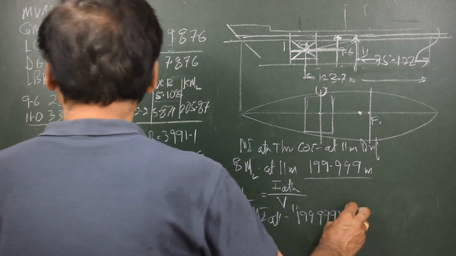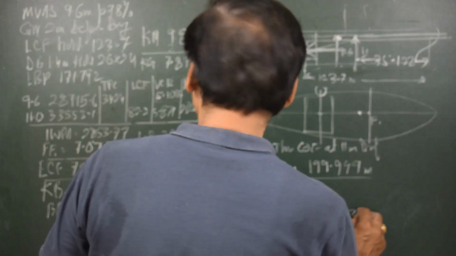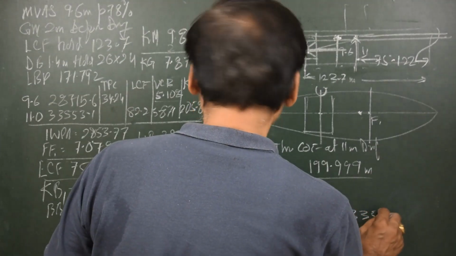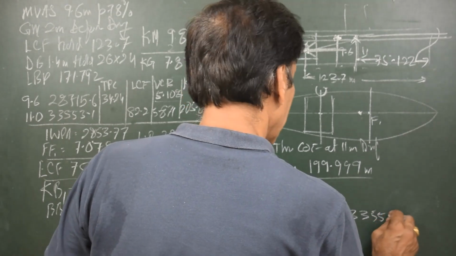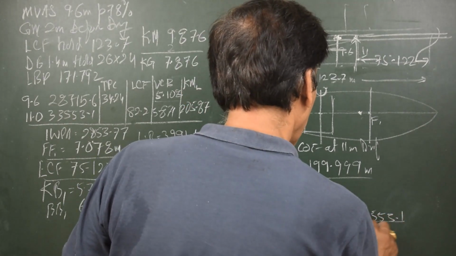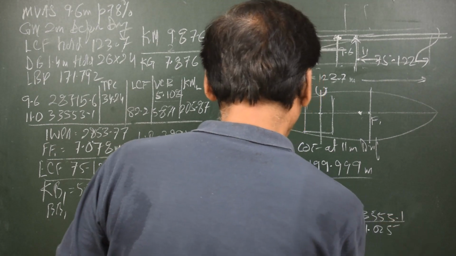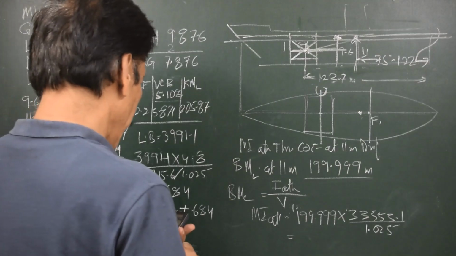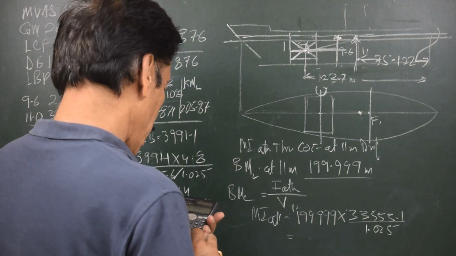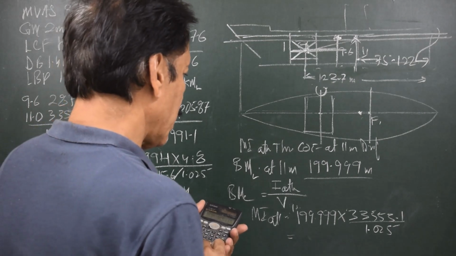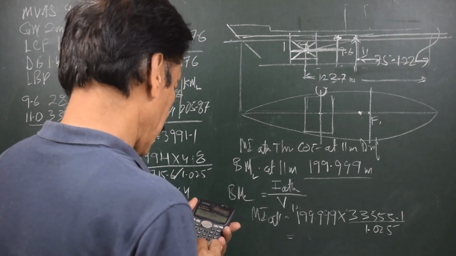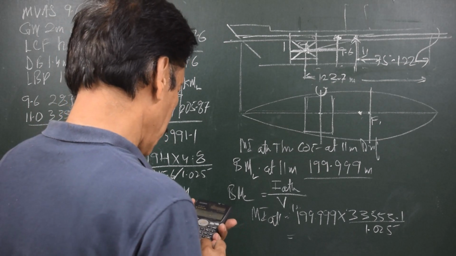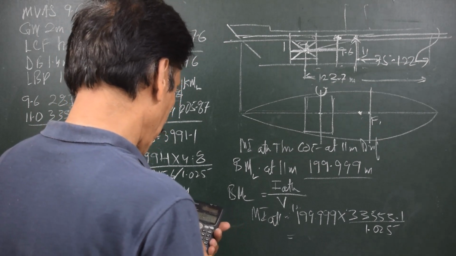And what is V at 11 meters? V at 11 meters is 33553.1 upon 1.025. So let us find out the moment of inertia: 199.999 into 33553.1 divided by 1.025.